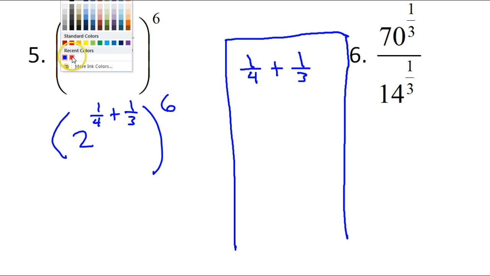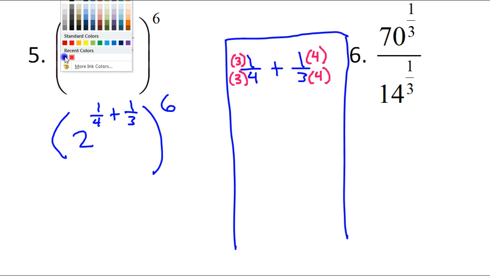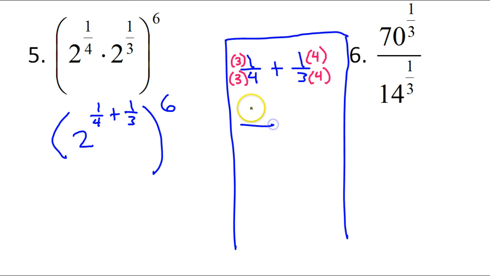And so the way you do that, I can turn this 4 into a 12 by multiplying by 3. I'm only allowed to do that if I do it in the numerator as well. I can turn this 3 into a 12 if I multiply by 4. But I'm only allowed to do that if I multiply the numerator by 4 as well. Okay, so this will become then 3 over 12 plus 4 over 12.